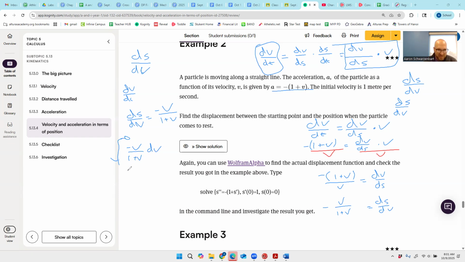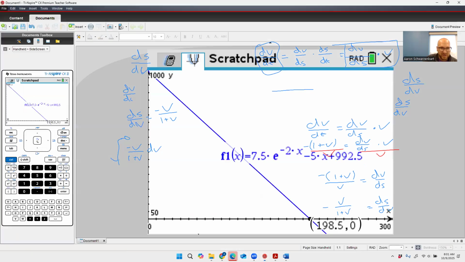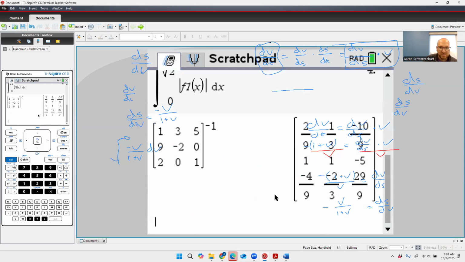To integrate this, I will use a calculator. I believe this uses integration by parts, which you don't have to know. So we will go to the calculator.